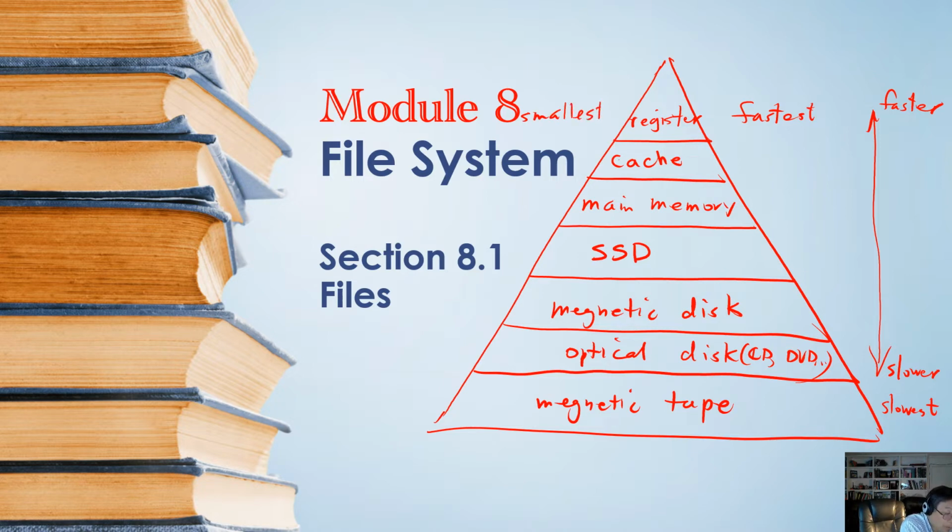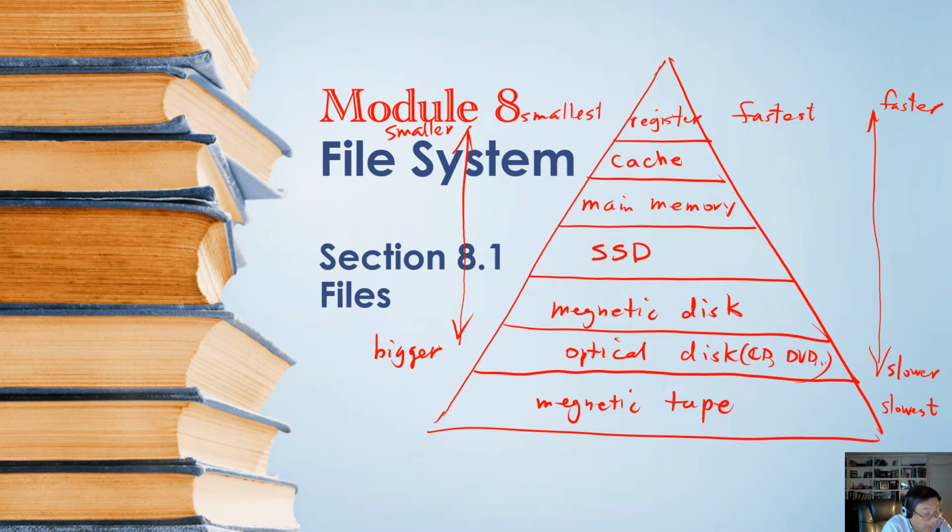Cache is bigger. Memory is much bigger, but memory is much slower. So in this hierarchical structure, once you go down the pyramid, it gets bigger, and it gets smaller once you go up. Okay, so that's the structure.